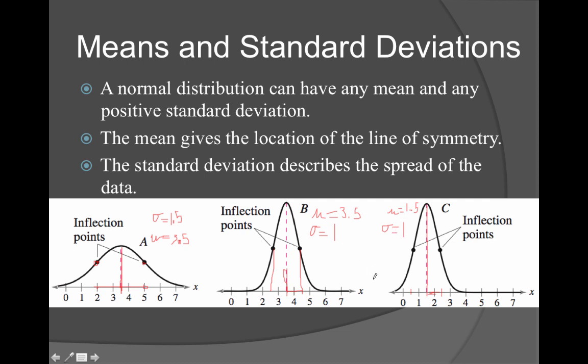Basically, to get graph C, I took my distribution B and moved it down to where the mean is 1.5 instead of 3.5. I'm just beginning to show you a little bit of how we can have different means, different standard deviations, and certainly how the standard deviation changes the shape of the distribution.